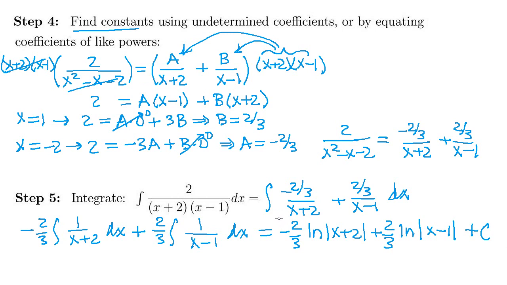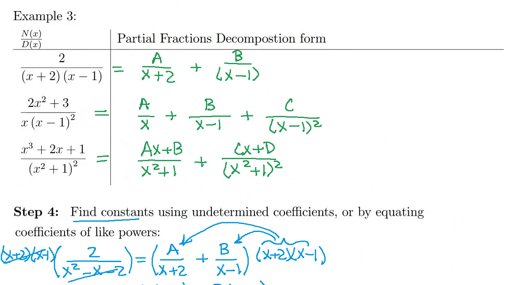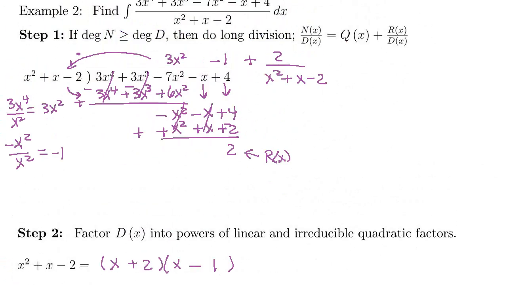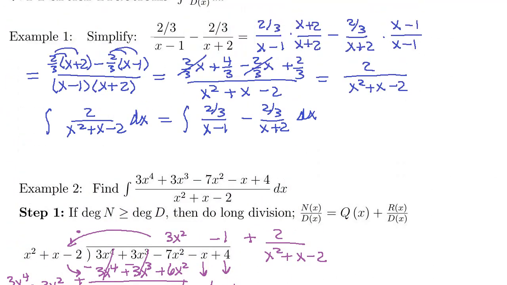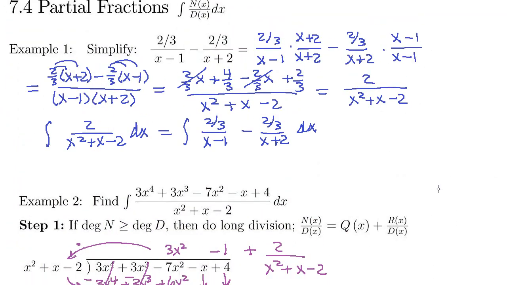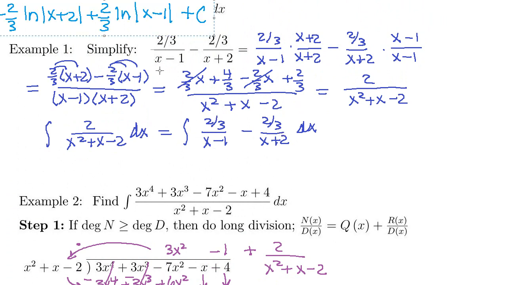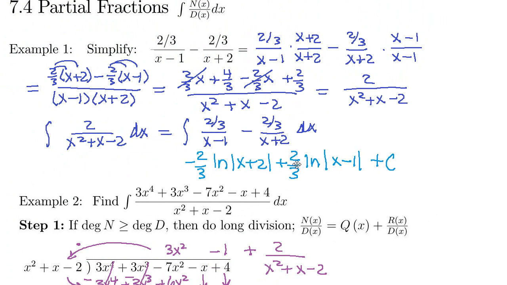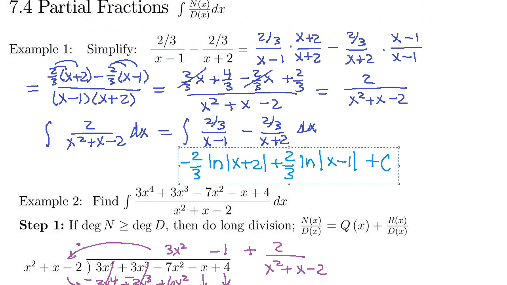So go ahead and copy this. If we go back to our original problem, yeah, we wanted to integrate this thing, and we did. Okay, this integral is equal to that.